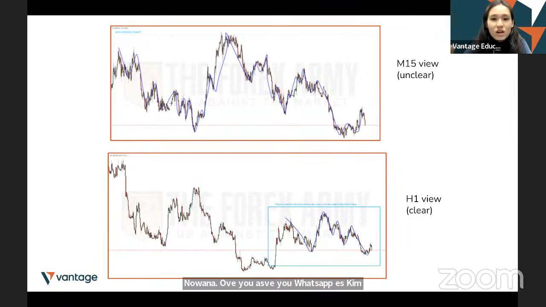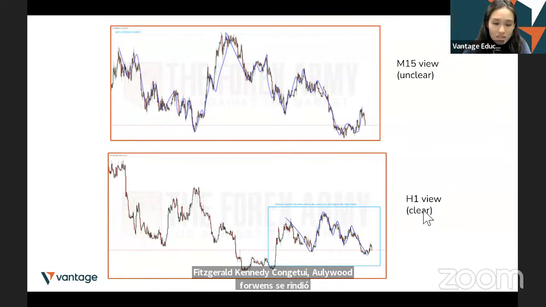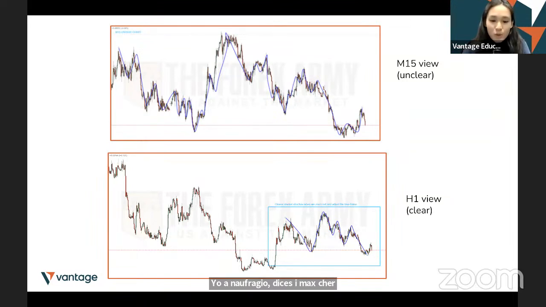It tends to be more unclear on the 15-minute time frame compared to the hourly or 4 hours. If you look here on our hourly time frame for the same chart, this is a much clearer market structure, and we can see price movements more clearly.